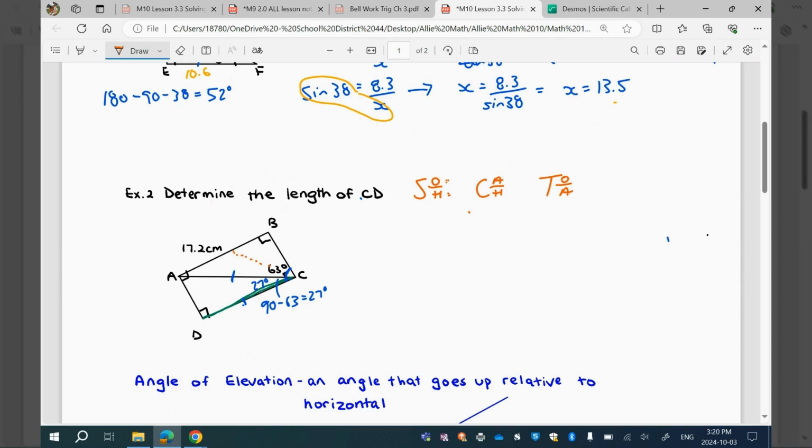We have the opposite. We want the hypotenuse. We're gonna use sine law. So sine 63 equals opposite 17.2 over the hypotenuse, which we don't know. They are diagonal from each other, so we can swap them. We can say that x equals 17.2 divided by sine 63.